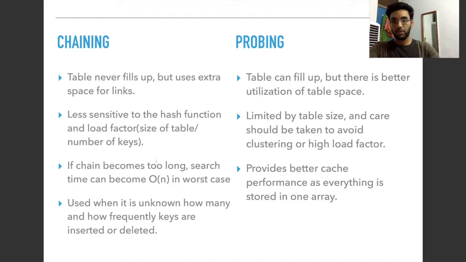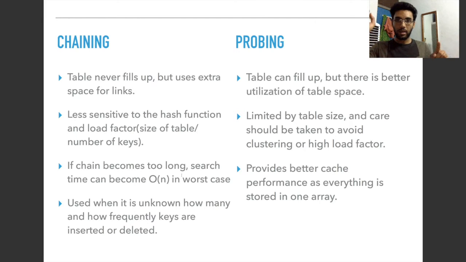If the chain becomes too long, the search time can take order n in the worst case. Basically, if there are too many collisions occurring with your given hash function, all your key values will be inserted at the same cell, and the length of the chain can go as high as n.